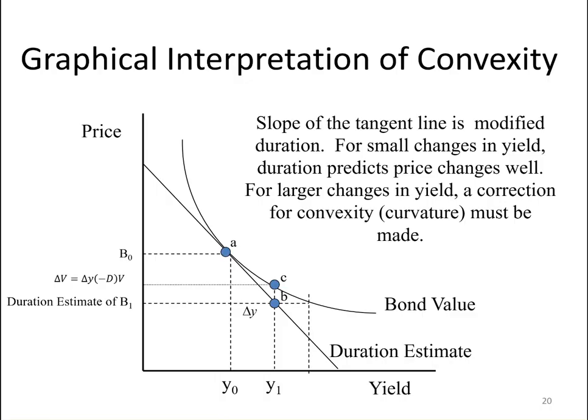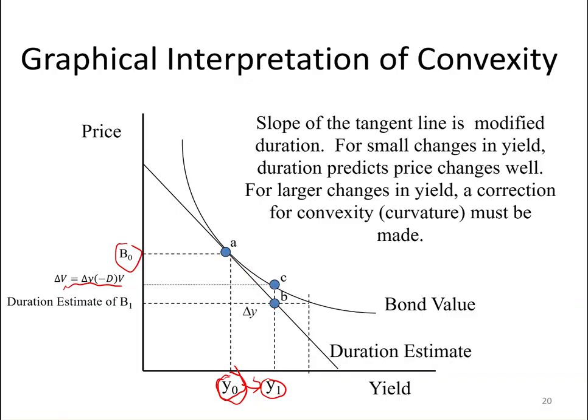price estimate. So, for example, if initially a bond had a price B0 at yield Y0, and the yield goes from Y0 to Y1, if I use the duration formula, it would estimate that the value change would be, say, this point here, a linear estimate.